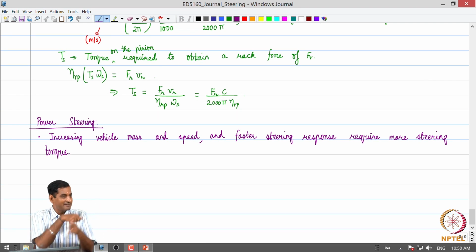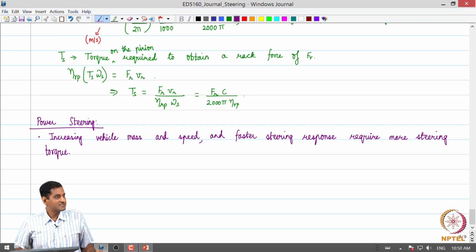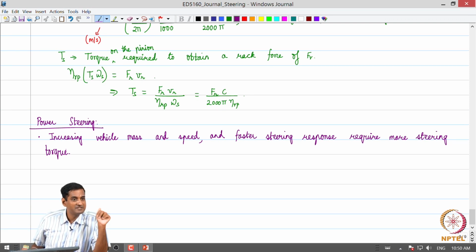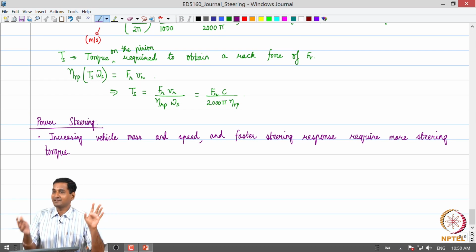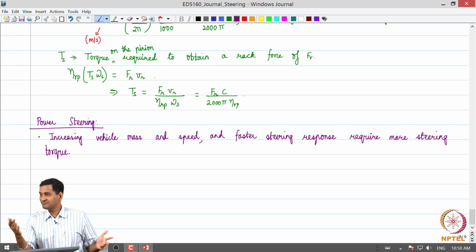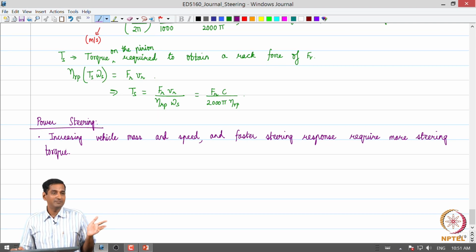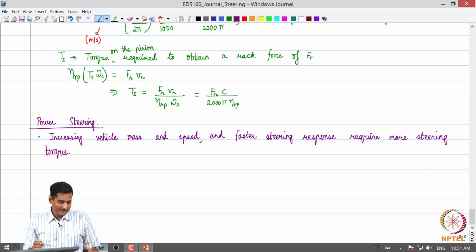That means the driver has to rotate by a larger angular displacement to get the same steered wheel angular displacement, and that is going to be counterproductive. We are keeping the torque manageable, but the angular displacement of the steering wheel will increase if we do not do anything about it. That is why beyond a limit increasing the steering ratio is not advisable.